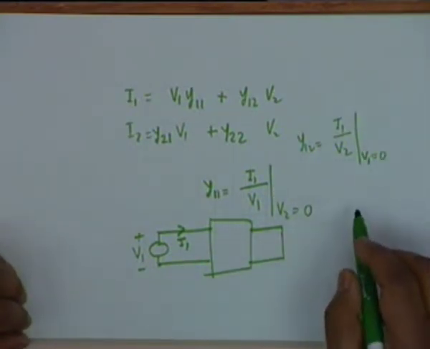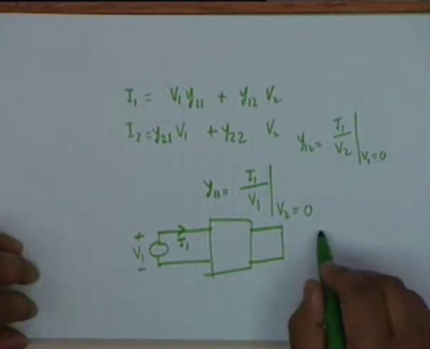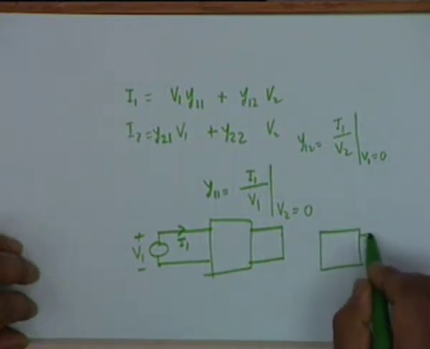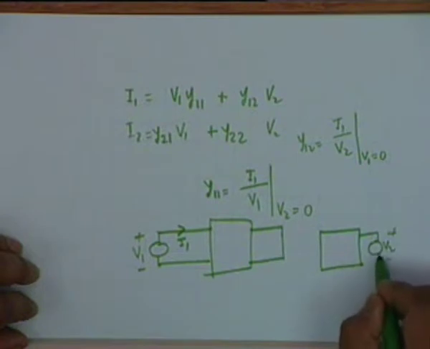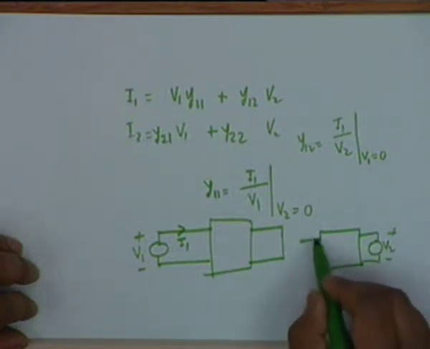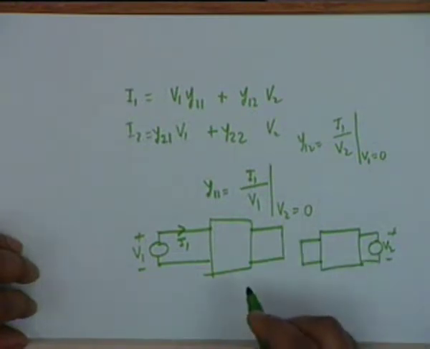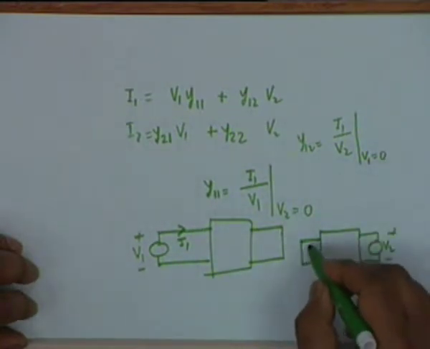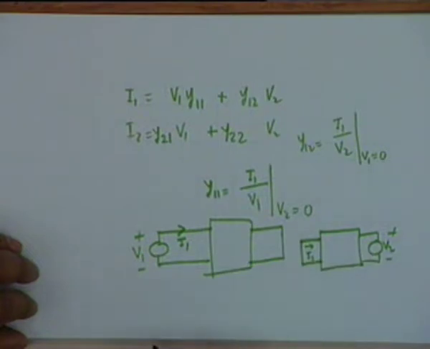That means you apply a voltage generator V2, then you short circuit port 1, V1 equal to 0, and measure this current I1. The ratio of I1 to V2 shall be Y12.